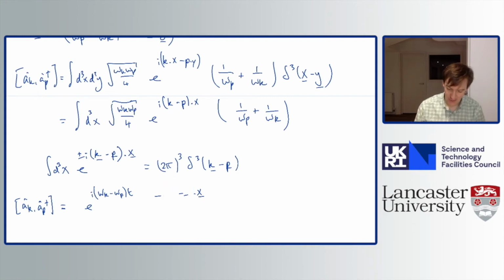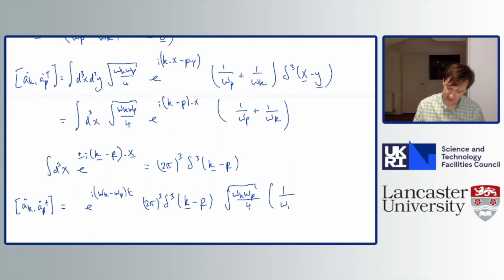Let me just do the replacement. At this point, it's 2 pi cubed delta 3 of k minus p, and then we have all of these omega factors that we have to deal with. So we've got the omega_k, we've got the omega_p, we've got a factor of 4, plus these other terms.